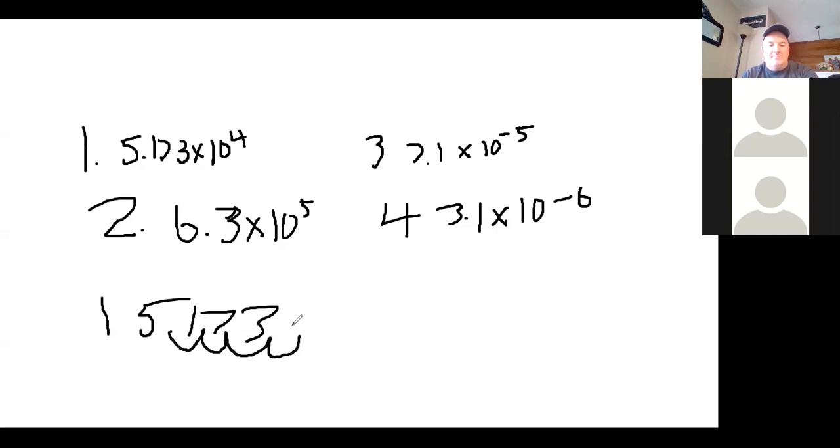Because the 4th spot is empty, we're going to put a 0 in there. And this equals 51,730. Okay?